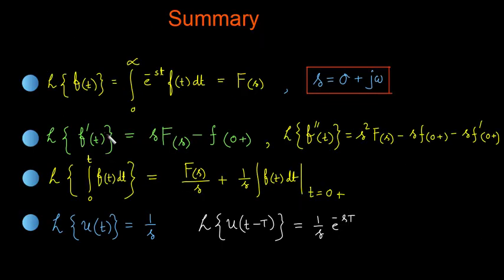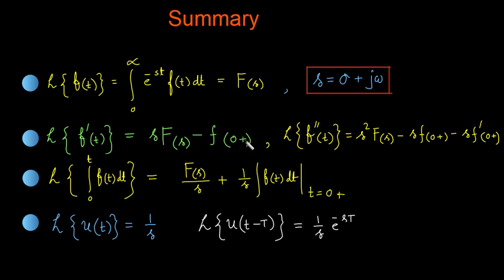So let us summarize what we have studied. The definition of the Laplace transform, L{f(t)}, equals the integration from 0 to infinity of e^(-st) multiplied by f(t) dt, which is given by capital F(s), where s is the complex frequency given by sigma plus j omega. The Laplace transform of the derivative of a function f(t), that is L{f'(t)}, is s times F(s) minus the initial value of the function at t equal to 0+.